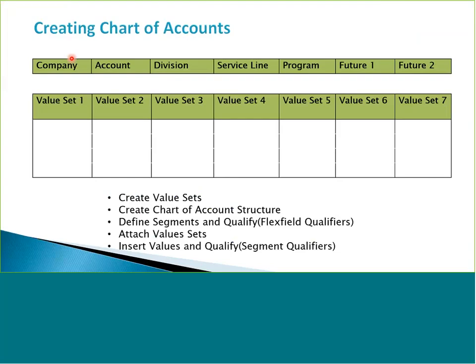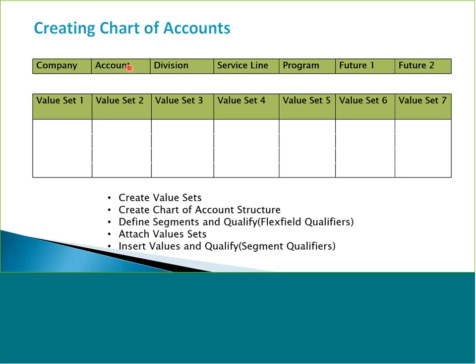It just shows the way these segments will appear once you create your chart of account. So this is column 1, this is column 2, this is column 3. So if we made account column 1, it will be the first one here. It will be this, and then we made company column 2, it will come to this second column.